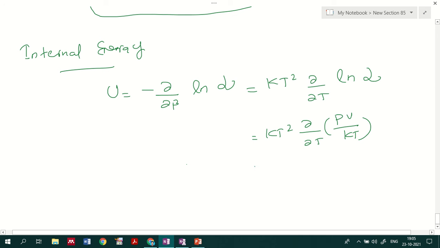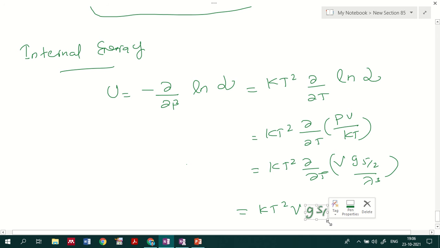Which is equal to kT square ∂ by ∂T of V g 5 by 2 of z by lambda cube, because P by kT we already know is g 5 by 2 by lambda cube, and you can substitute that. So this is kT square V g 5 by 2 of z, ∂ by ∂T of 1 by lambda cube.